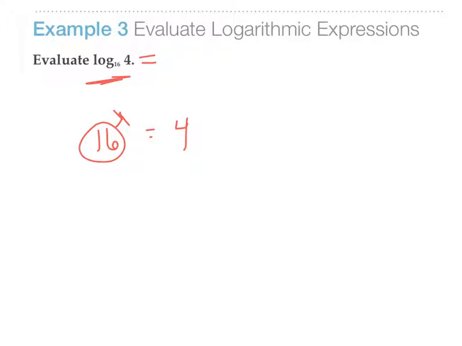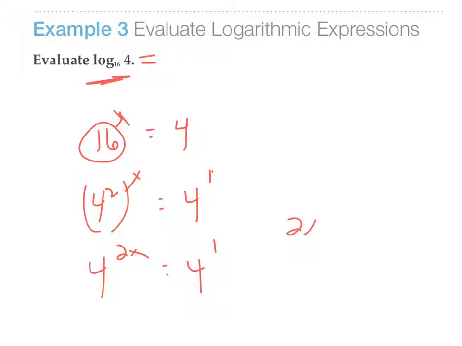So we're going to write this as 4 squared to the x power equals 4 to the first power, because that's what 4 is. Now if I look at the 2x equaling 1, I can solve: x equals 1/2.